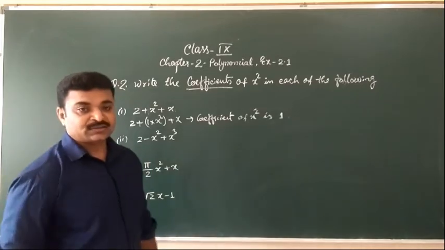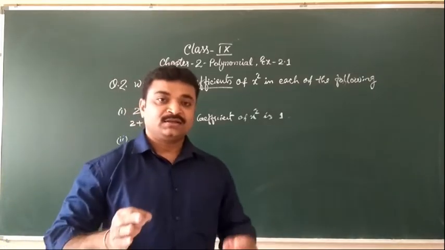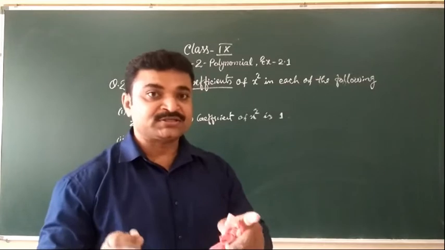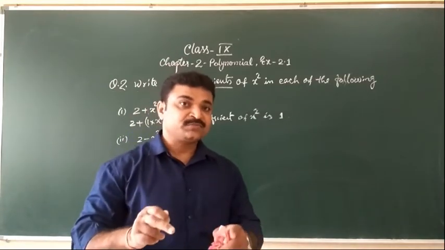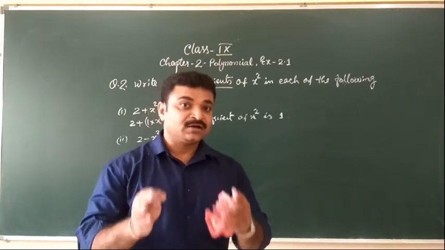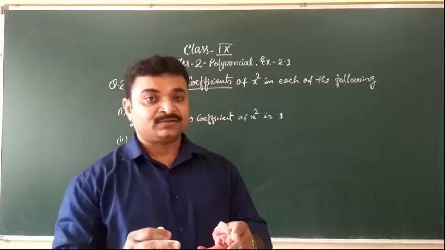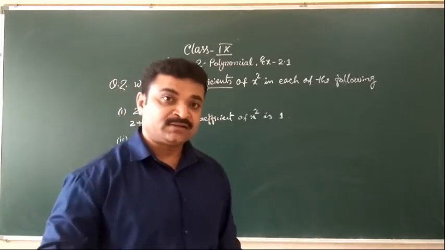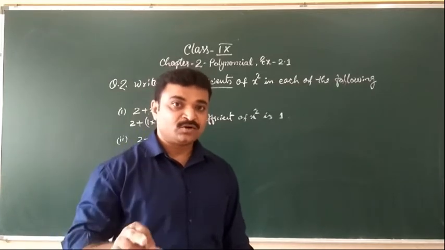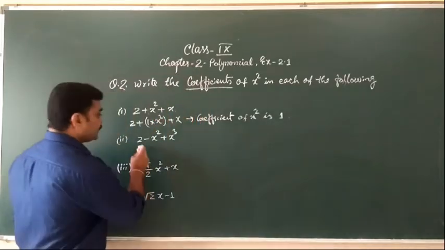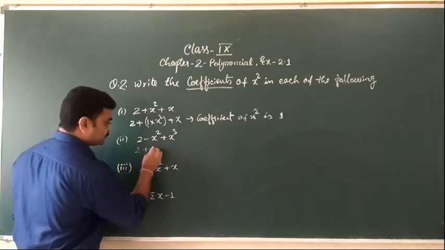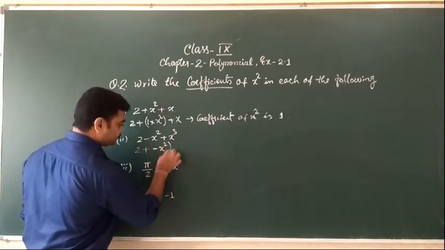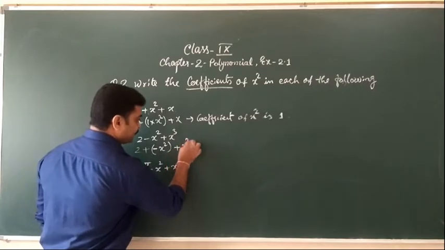Here in the second case, 2 minus x square plus x cube. See, students, I told you that if an expression is a polynomial, each term must be a polynomial, and when we add all the terms, we get the actual polynomial. So we can write this polynomial as 2 plus minus x square plus x cube.